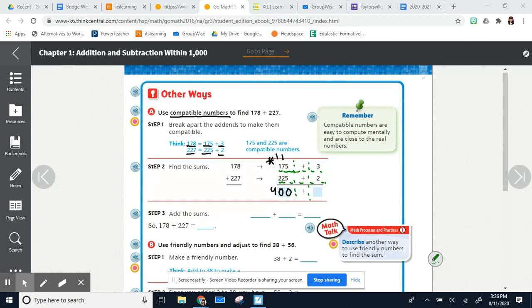So I'm going to do the same thing over here. 3 plus 2 will get me 5. All right. And then the last step is just add these 2 together. So 405. And that is our answer. 178 plus 227 will get you 405.